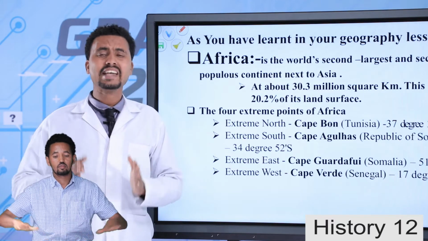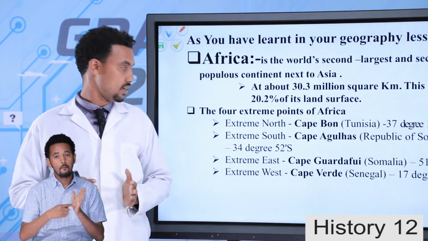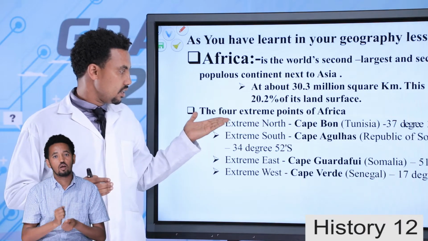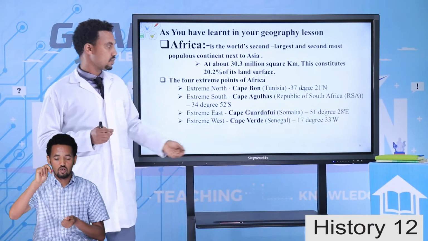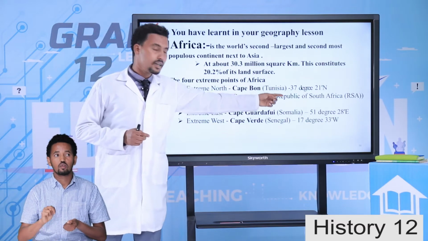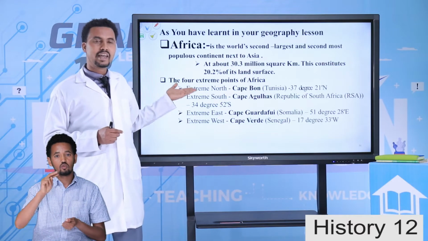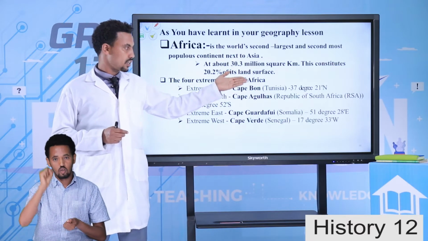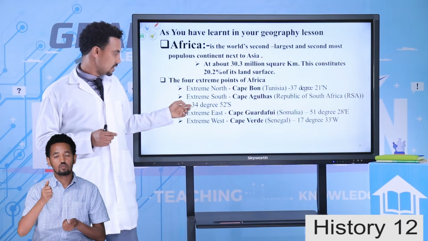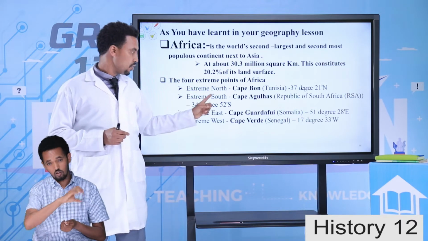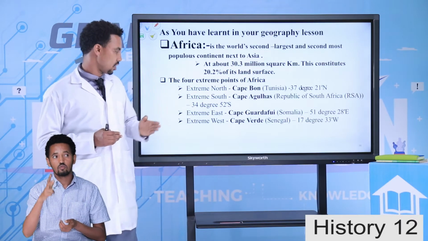The four extreme points of Africa: in the north, Cape Bon, 37 degrees and 21 minutes north. In the south, Cape Agulhas, Republic of South Africa, about 34 degrees and 52 minutes south.